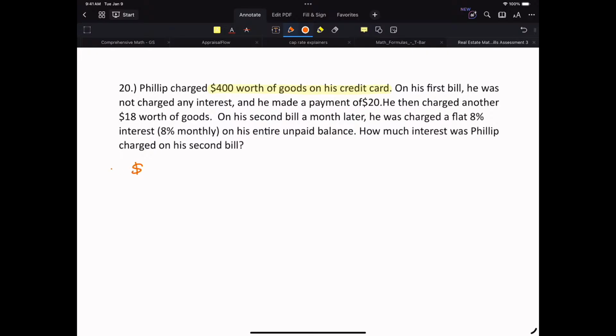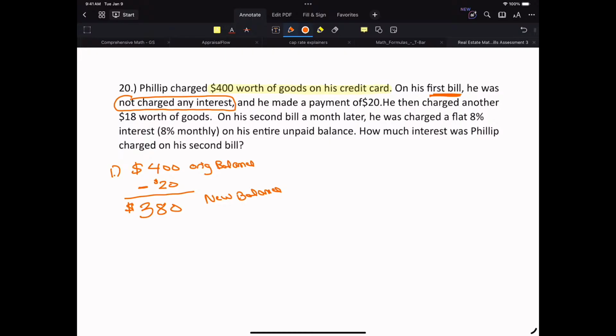So we know first he charged $400. Now on his first bill, he was not charged any interest. This was your original balance. But he did pay down $20. So now his new balance in month 2 is, I can add or subtract, $380.